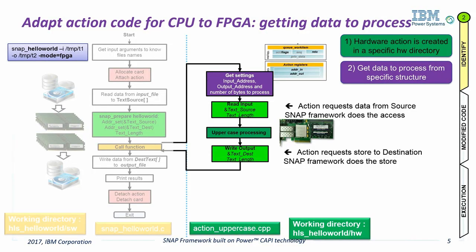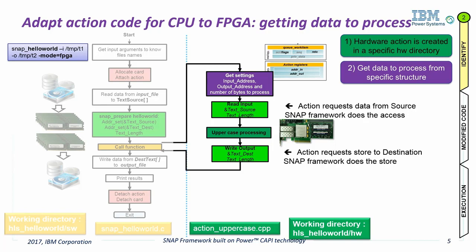The second change is to add a function which reads the register where all data provided by the application are. In this example, the text-to-process has been put in server memory by the application, which has allocated some memory for that. With this memory address given by the application, the action will directly read from the server's memory the text-to-process.